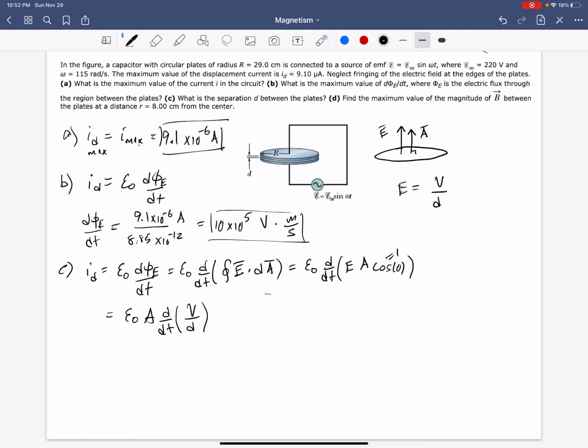Keep in mind that's the maximum. Well, that's just the coefficients. Let's bring the d out front because that's constant. And now we just have dV/dt.